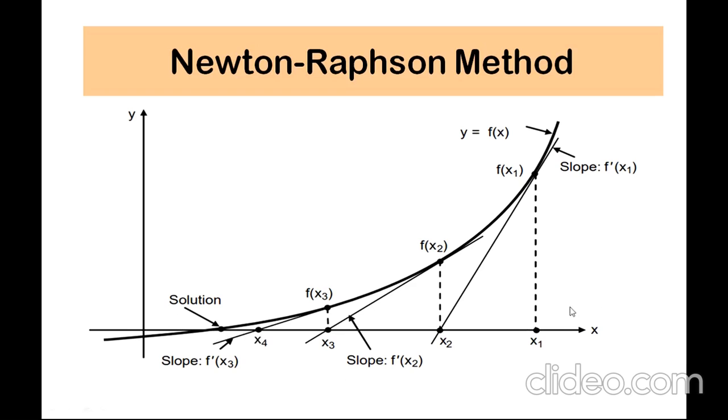Likewise, you progress towards the exact point which is the root. In this case, convergence is the main criterion, so the nature of the curve is very important. The nature of the curve decides whether we will get the solution by the Newton-Raphson method or not.